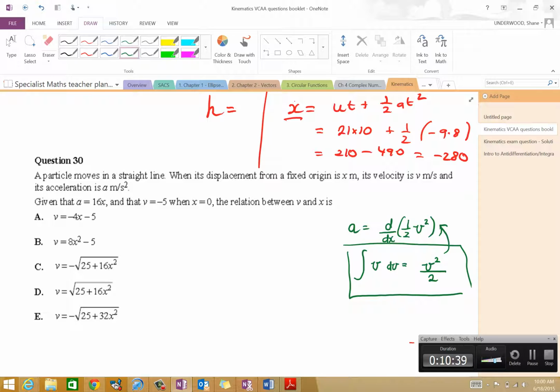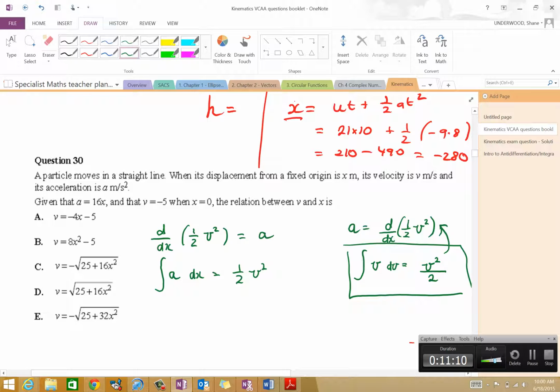I don't want to confuse you too much. But what we can say is that if d by dx of a half v squared is equal to a, then if I antiderive a with respect to x, that's actually going to give me a half v squared. Does that make sense? Yes.